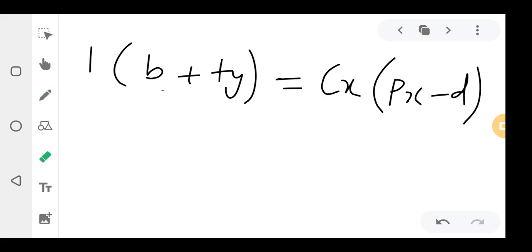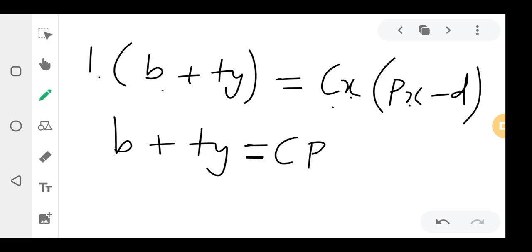So 1 times b will be b, plus 1 times ty will be ty, is equal to c times p, their x's are 2, so it will be x to the power 2, minus cx times d, it will be cxd.